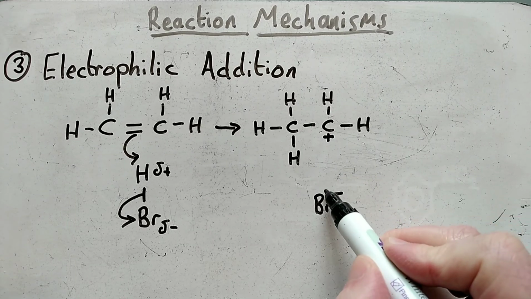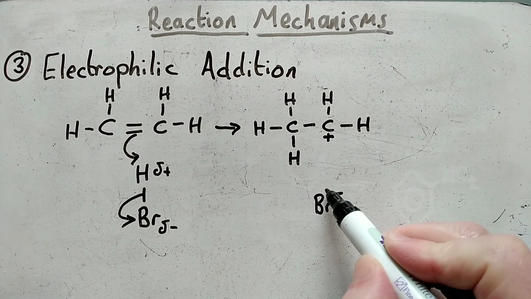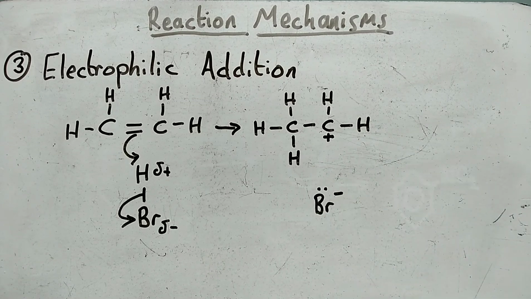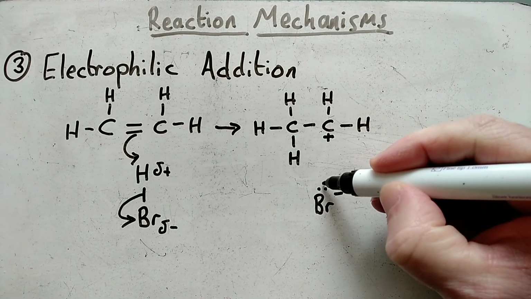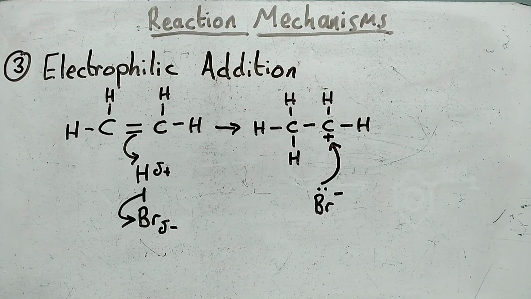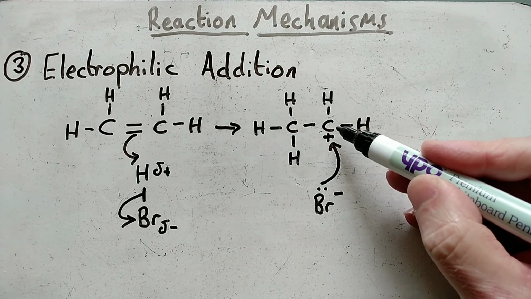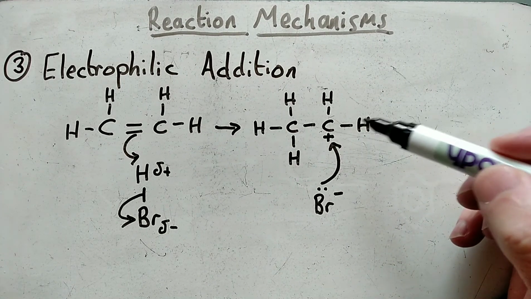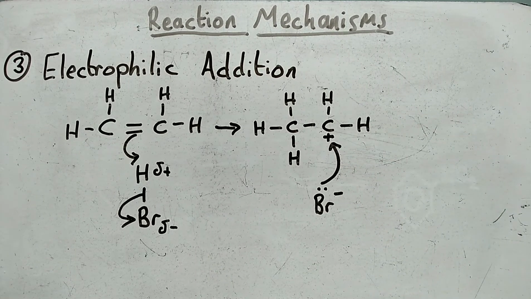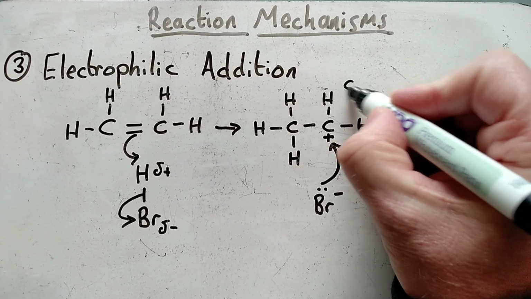This bromine has got a full outer octet, so it's important to show the pair of electrons that are actually going to be creating this bond. So the pair of electrons forms a bond there with the carbon. This is actually a carbocation. The old name was a carbonium ion, but we call this now a carbocation. I'll write that word down here. That's a carbocation.